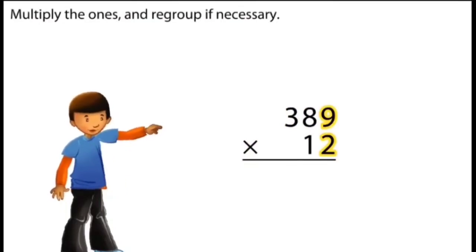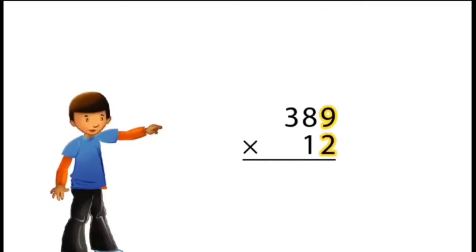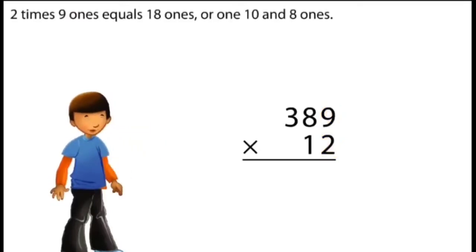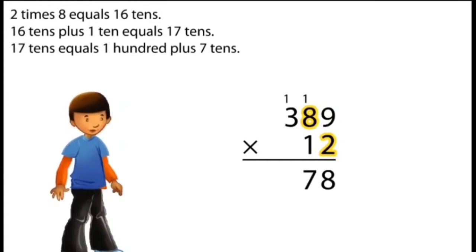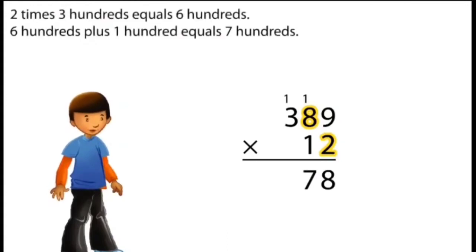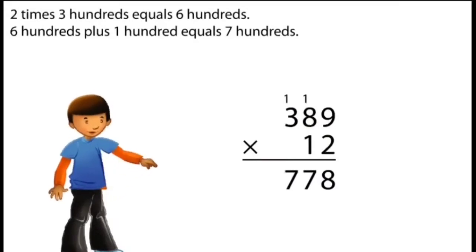Multiply the ones and regroup if necessary. 2 times 9 ones equals 18 ones, or 1 ten and 8 ones. 2 times 8 equals 16 tens. 16 tens plus 1 ten equals 17 tens. 17 tens equals 100 plus 7 tens. 2 times 3 hundreds equals 6 hundreds. 6 hundreds plus 100 equals 7 hundreds.